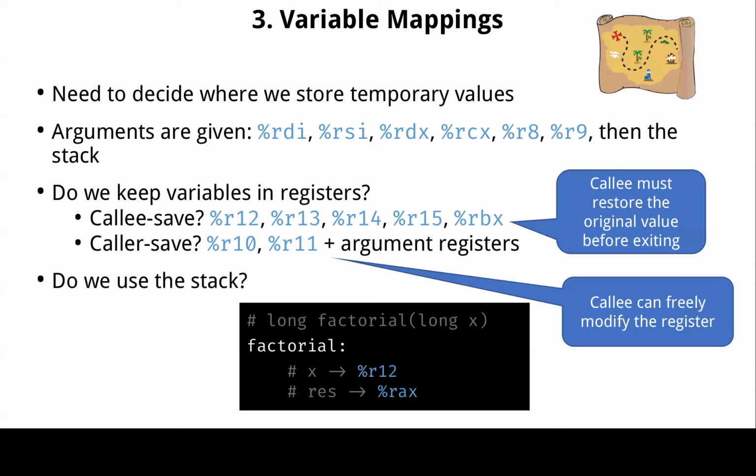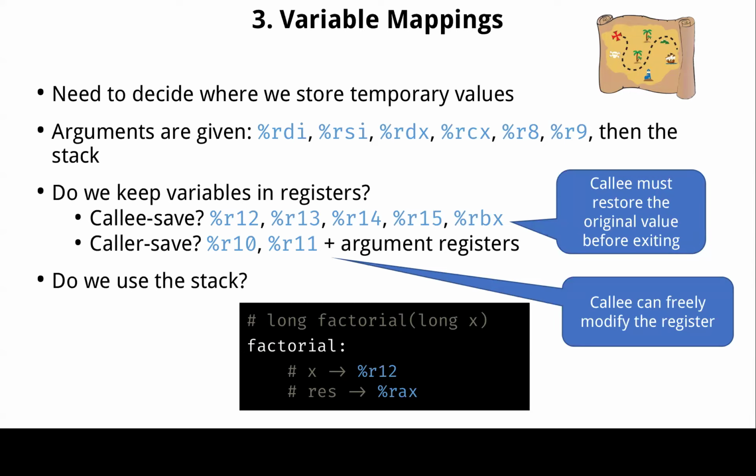If you want to use those registers, you are supposed to save them first. When your function returns, you are supposed to make sure those registers have their original value. So how do you save them? Very simple. You just push them. Just do a push R12, then you can use it. You push R13, then you can use it. Okay.